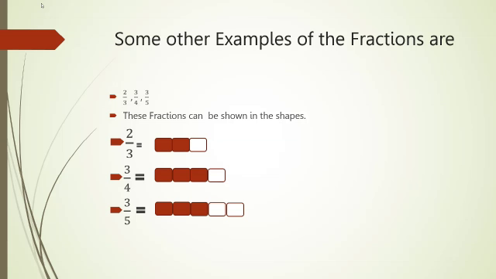In the third shape, total parts are 5 and out of 5 parts, 3 parts are colored. The third shape is showing the fraction 3 over 5. 5 is showing the number of equal parts the shape has and 3 is showing the number of colored parts of the fraction.